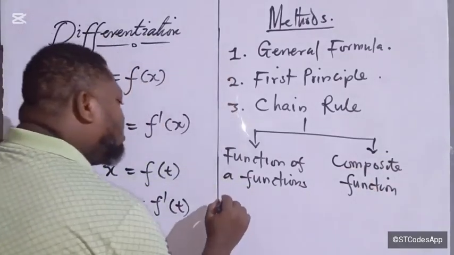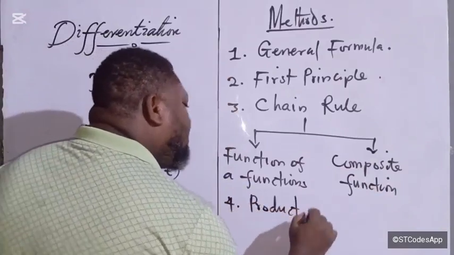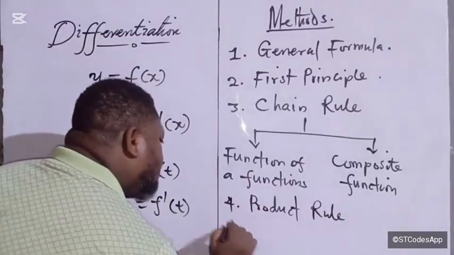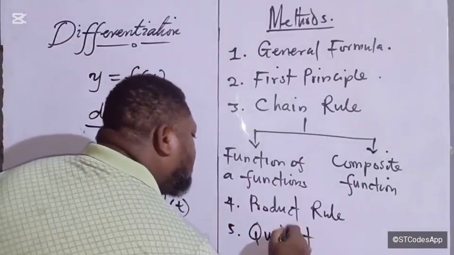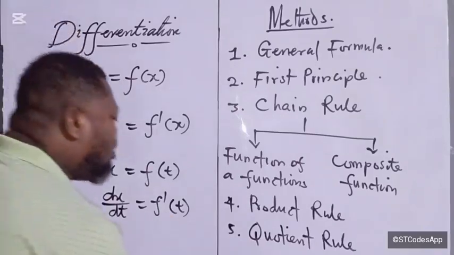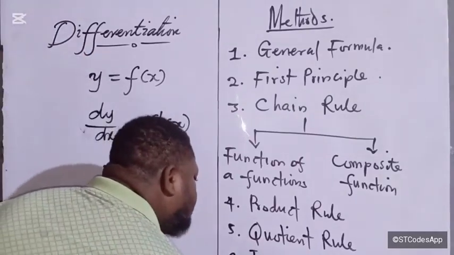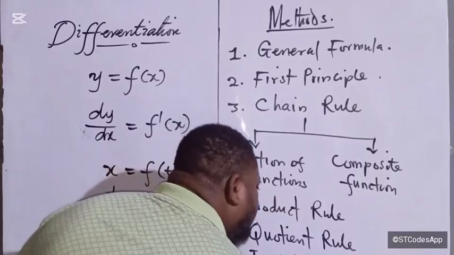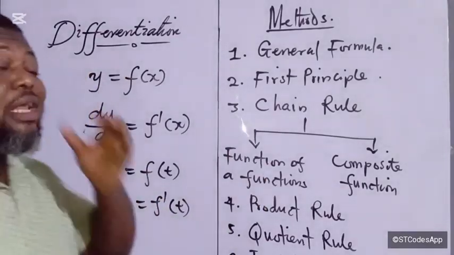Then the fourth one is called the product rule. The fifth one is called the quotient rule, which means division. Now the sixth one, which is very important, is called the implicit function, or implicit differentiation. So we do these methods one after the other in this class.